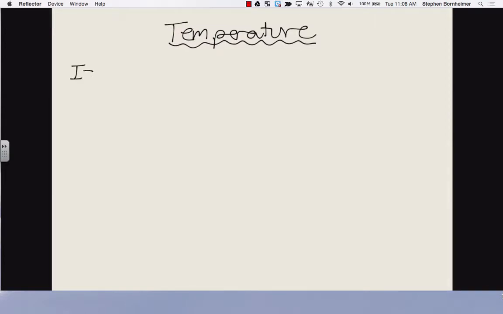Temperature is the measure. Notice that word measure. Okay, we use thermometers to measure. Of the average. I'm going to put a big box around that word and highlight it. It's really important.